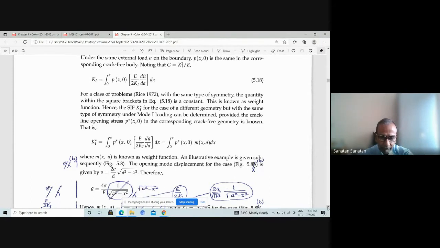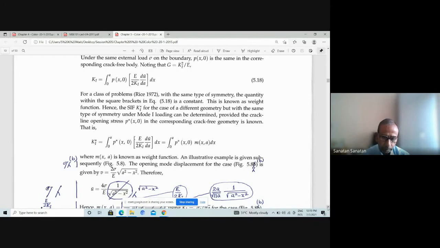So for your unknown stress intensity factor problem, all it needs is the loading on the crack line in the uncracked body, and then you multiply by this function, called the weight function. Its symbol is m(x,a), and you integrate this quantity.